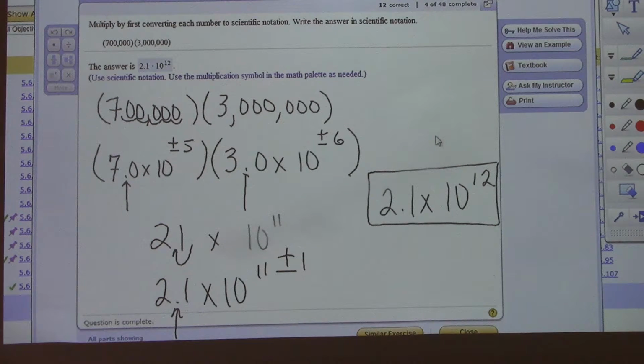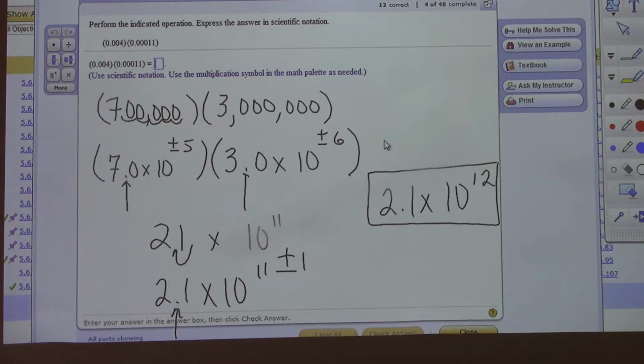If you got 2.1 times 10 to the 10th, that means that I'm right and you're wrong. So your way is broke. I guarantee you somebody got a 10. They might have erased it, but I guarantee you somebody got a 10. You don't have to raise your hand, but I guarantee you somebody did. Mine's right, you're wrong. Let's do another one.